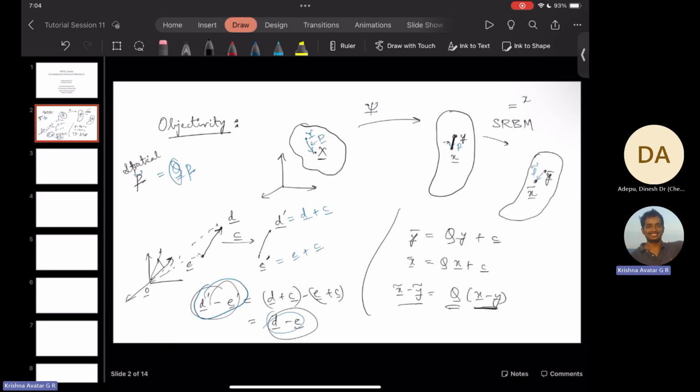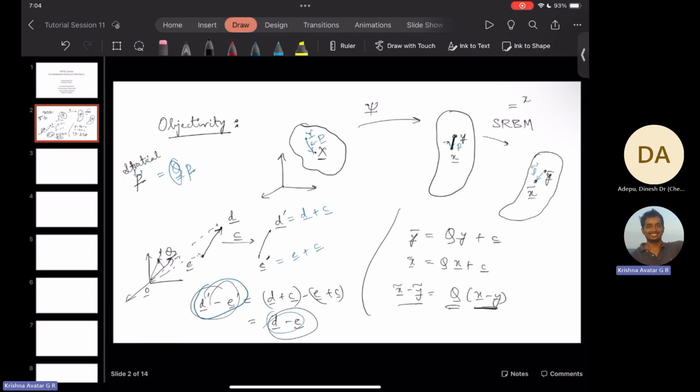So it will go somewhere here. How will the components of that vector change, or how will the vector after transformation be? The translation never affects it.